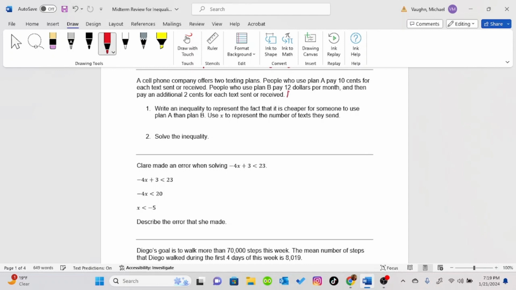So for Plan A, this is going to be 0.1x, because 0.1 is 10 cents, and we're going to multiply that 10 cents by x, which is every text sent.